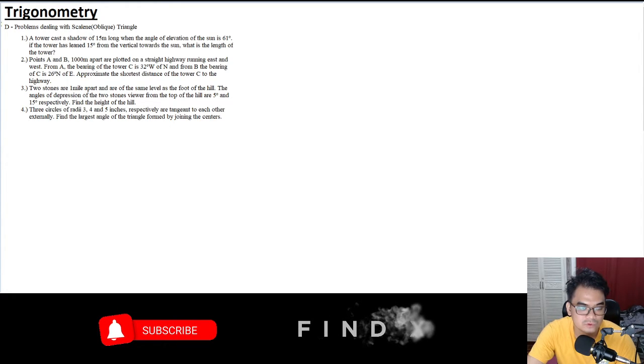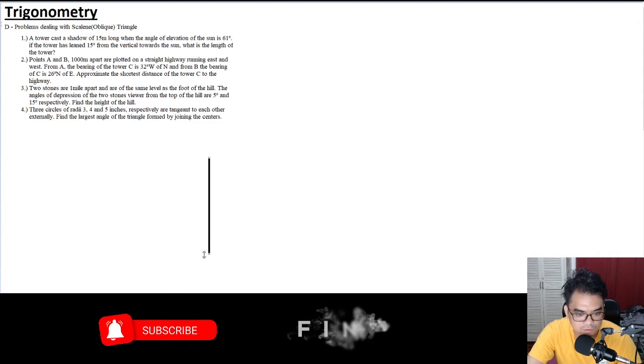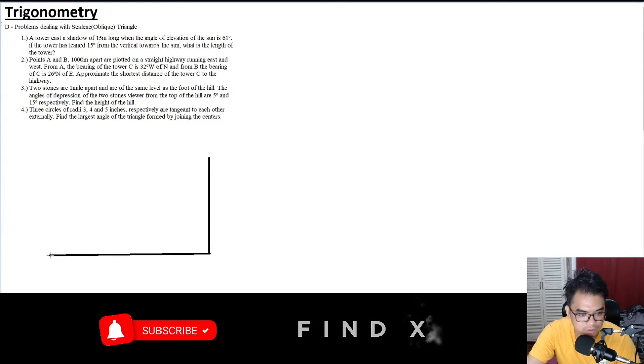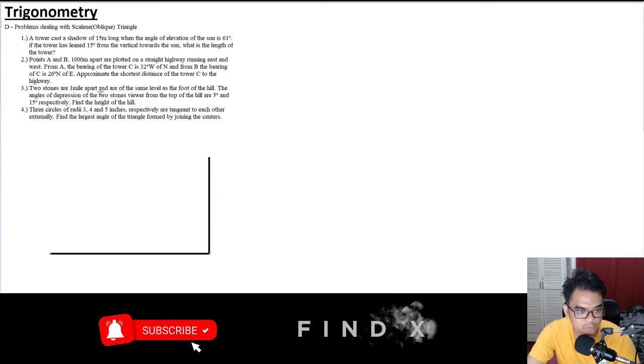So let's try to draw the figure again. So we got the hill. This is the height of the hill. And then this will be the ground where the stones are located. Two stones are 1 mile apart and are of the same level. So the angles of depression look something like this.